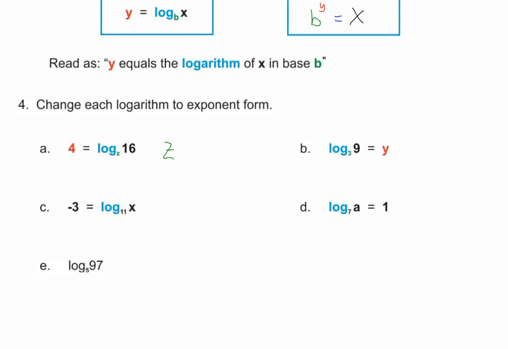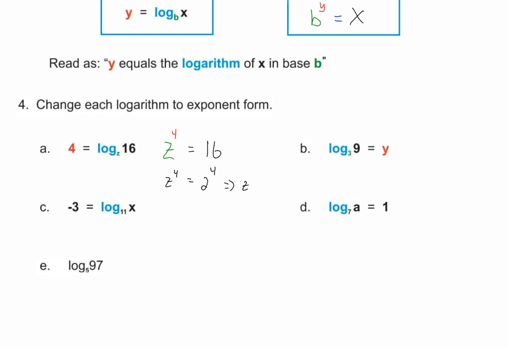Z is the base. Logarithms are exponents, so the exponent is 4, and it equals 16. Do you know the value of z? Well, you should. We did these last chapter. If I wanted to solve this, remember I can change 16 to 2 to the 4th.